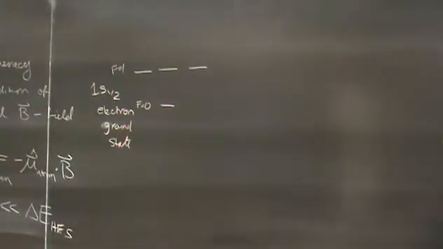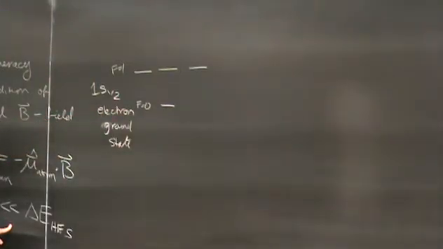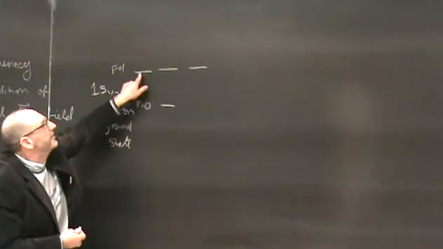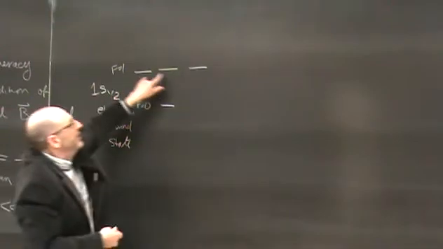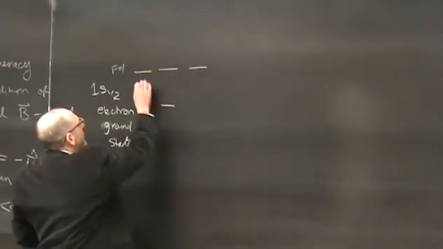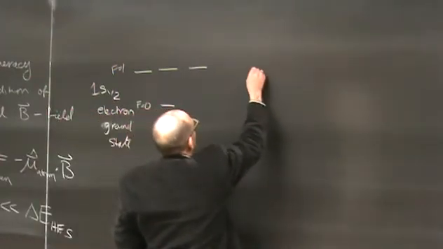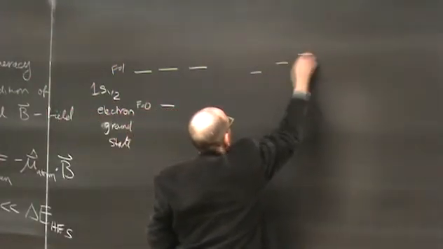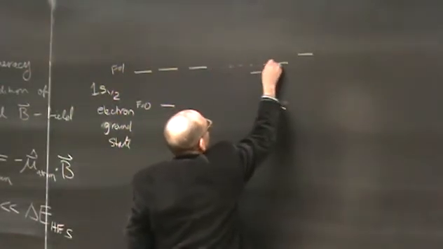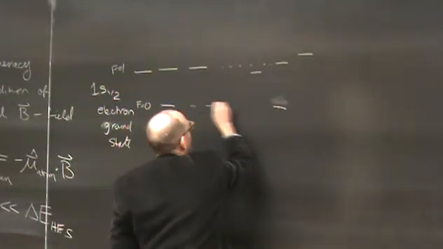Now, if I put on a weak magnetic field, if this is small compared to this, then this is a perturbation with respect to this, and that means that these remain good quantum numbers. So with the magnetic field on, depending on the direction, what will happen is I'll split this state.